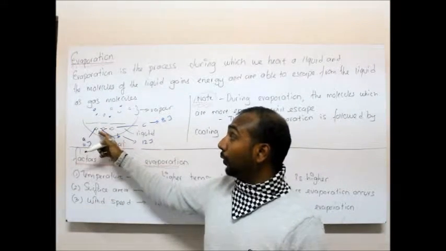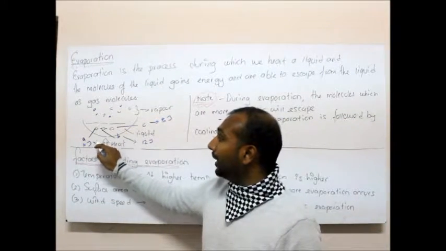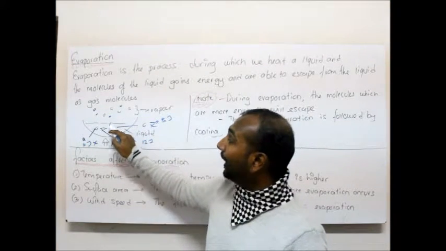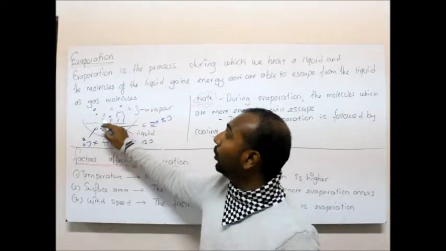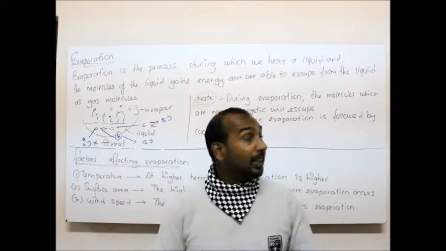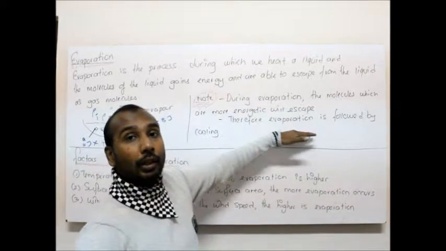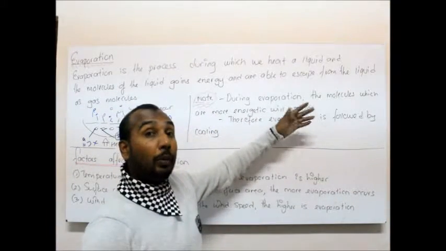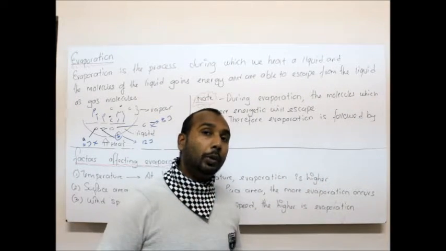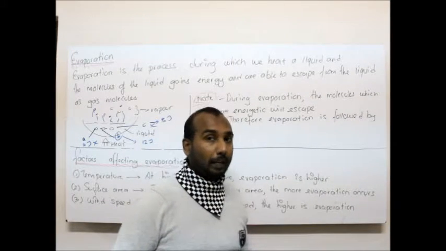When the time comes for evaporation to occur, it will not be A, it will not be C, it will be molecule B that will escape and become a gas. So this means that evaporation is always a process by which the most energetic molecules within all the molecules of the liquid escape into the atmosphere.